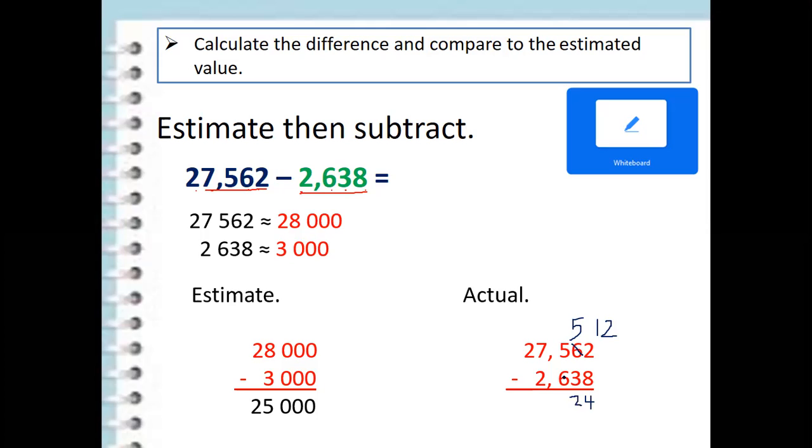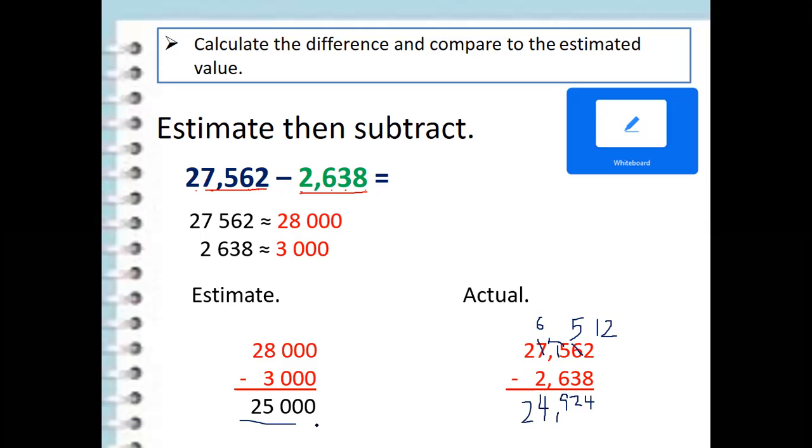Now 5 minus 3 is 2. Then 5 minus 6 cannot be done. Therefore, we borrow from the 7 in the hundreds place. So this becomes 6, and this becomes 15. 15 minus 6 is 9. And 6 minus 2 is 4. Then 2 minus 0 is 2. Now let's check.